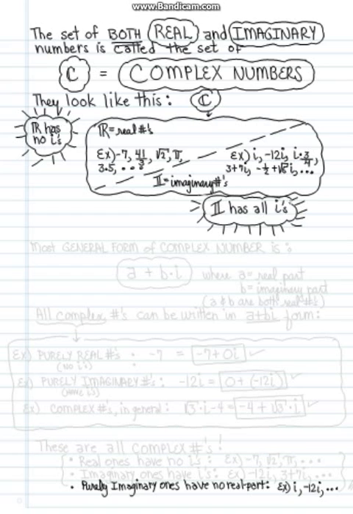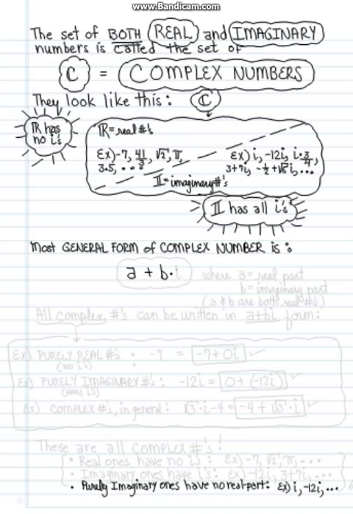Okay, now, any number that lives in that universe is called a complex number. All real numbers are complex, all imaginary are complex. And the most general way that you can write a complex number is in the a plus bi form. And you always should write your answers when they have i in this form. Okay, you don't have to include the zeros, though, those aren't necessary.